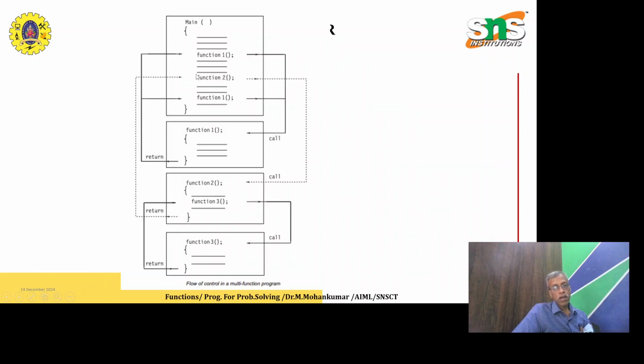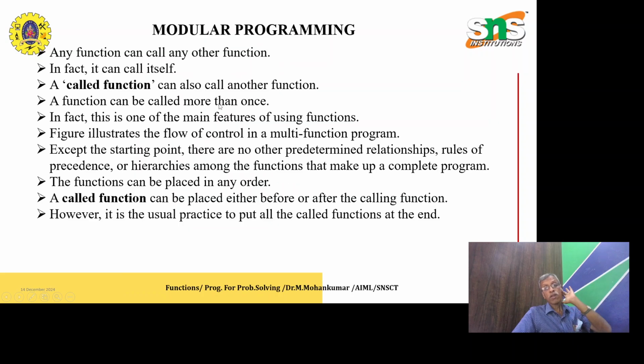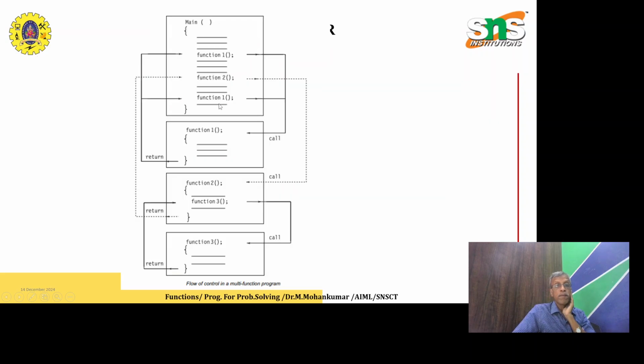Here is a graphical representation of the approach for function declaration. We are declaring the main function, then curly braces opened. We have function 1, it will do some activities. Function 2 also will do some activities. Again I am using function 1. Then when function 1 is called, the program control transfers from here to there.